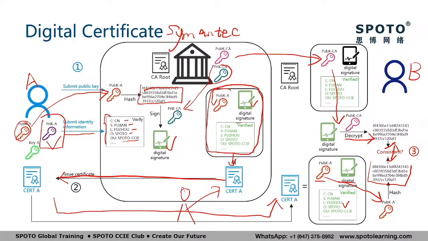Because the digital certificate needs to be verified and digitally signed by a CA. The second is, even if the user at the other end receives the certificate created by the man in the middle himself, user B will still go to the root CA to get the public key to decrypt the certificate and validate the integrity.